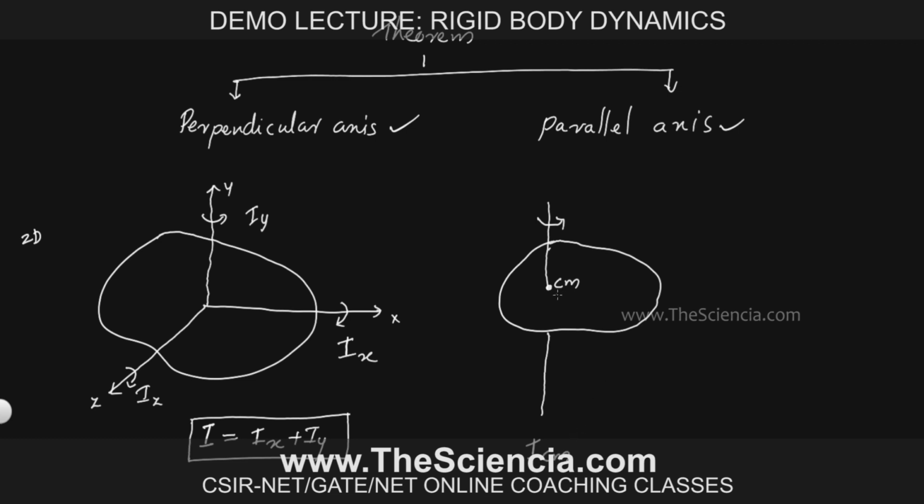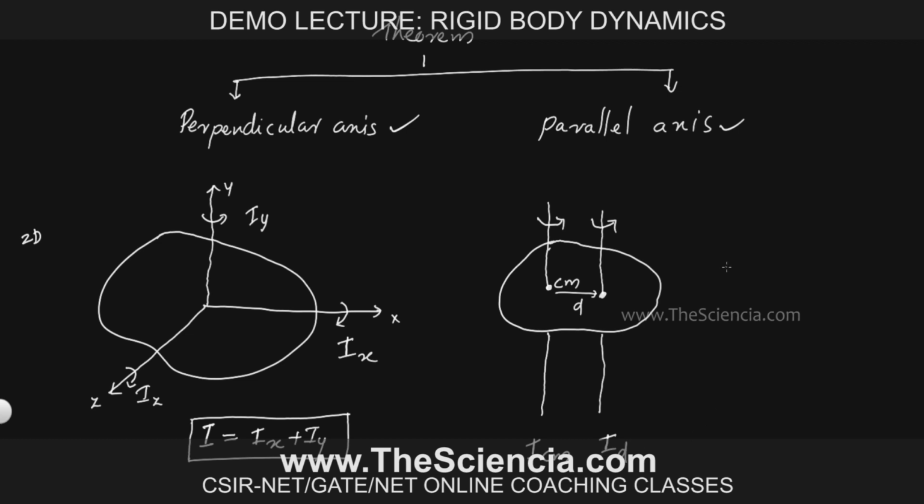Now I'm shifting this axis to a certain distance d. So now this body is rotating about an axis passing through this point at a distance d from the center of mass. Then what will be the moment of inertia at d?